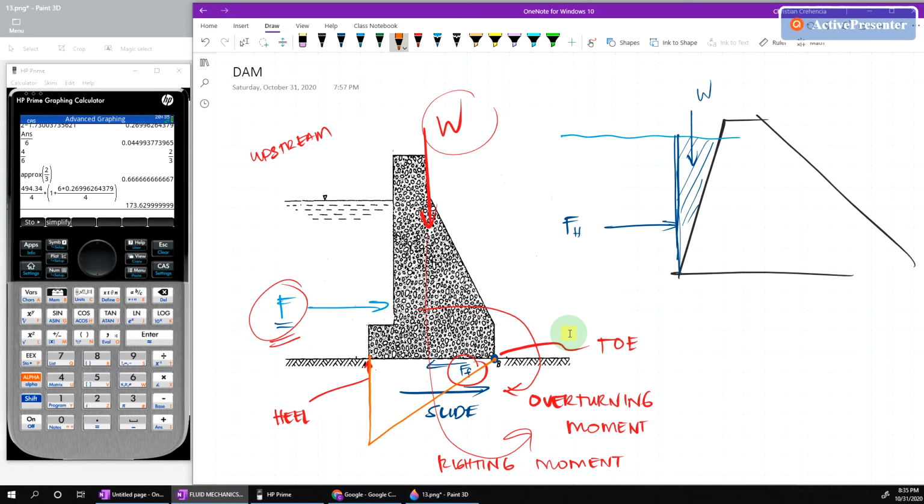So meaning, when we say maximum hydrostatic pressure, so dahil meron tayong depth of water dito sa upstream side, so at this point, okay, so dito sa point na to, meron tayong pressure na equal sa unit weight ng water times nung height. Okay? Itong height na to.